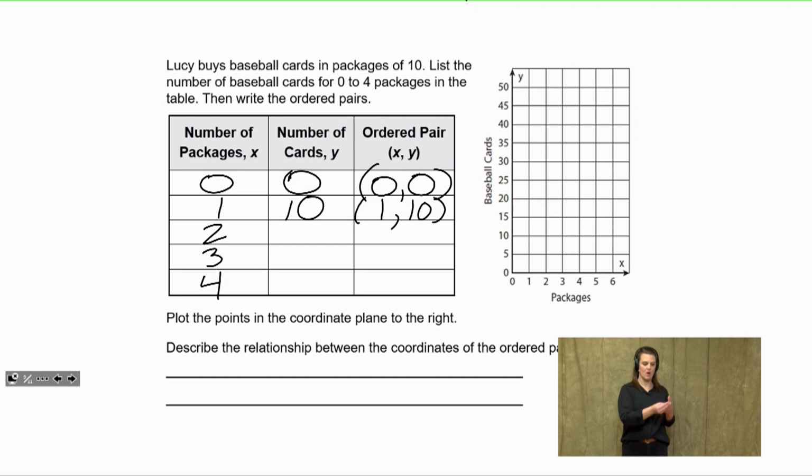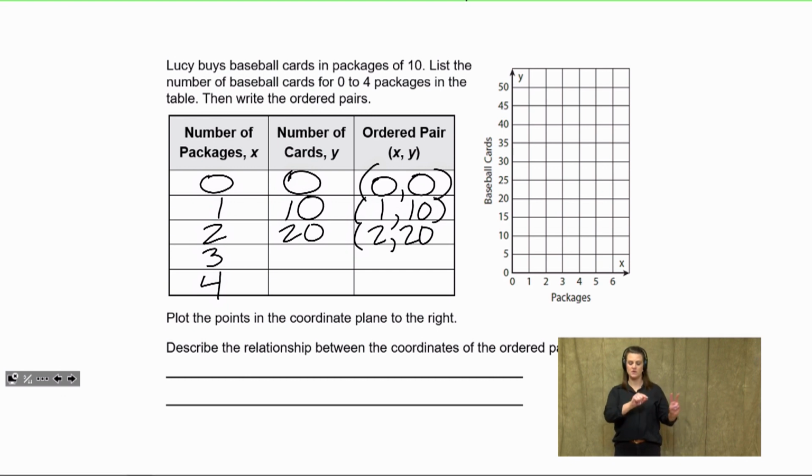If 10 cards are in 1 package, how many cards would be in 2 packages? Yeah, that's right, there'd be 20. You could say 1 times 10 is 10, and so 2 times 10 is 20, or you could add 10 each time. And so this ordered pair would be 2, 20.